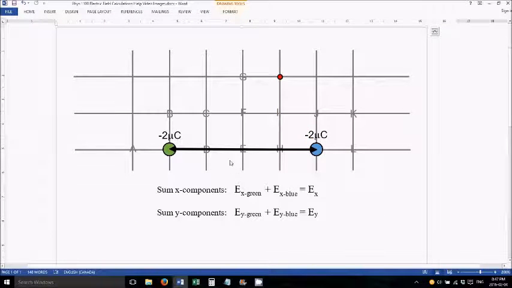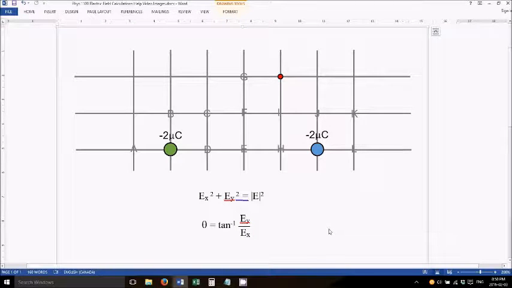Then you sum the two x components and the two y components to get the x component of the total electric field due to both charges and the y component of the total electric field due to both charges. And finally, take the x and y components of the total field and use Pythagoras' theorem to calculate the magnitude of the total field, and then again take your x and y components and use them to find the direction of the total field.